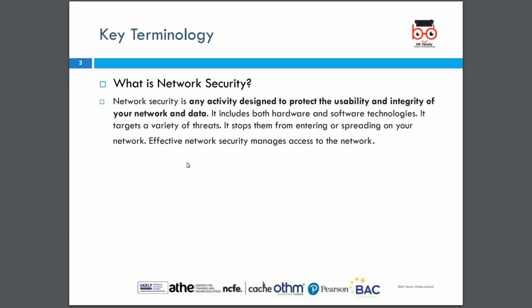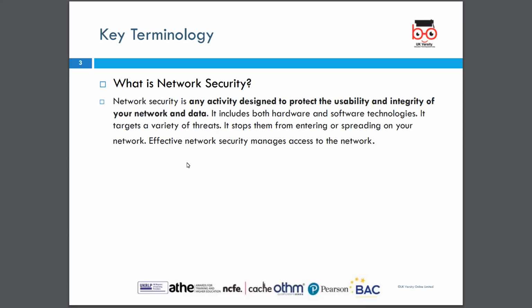So what is network security? As the definition says, network security is any activity designed to protect the usability and integrity of your network and data, which includes both hardware and software technologies.